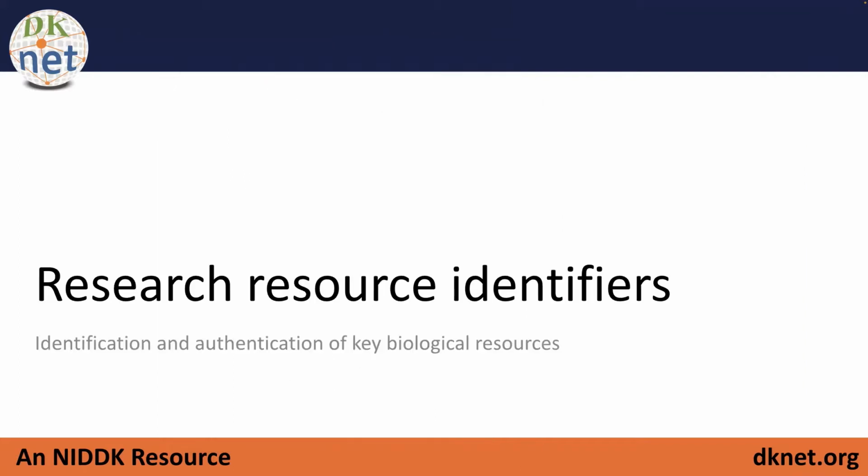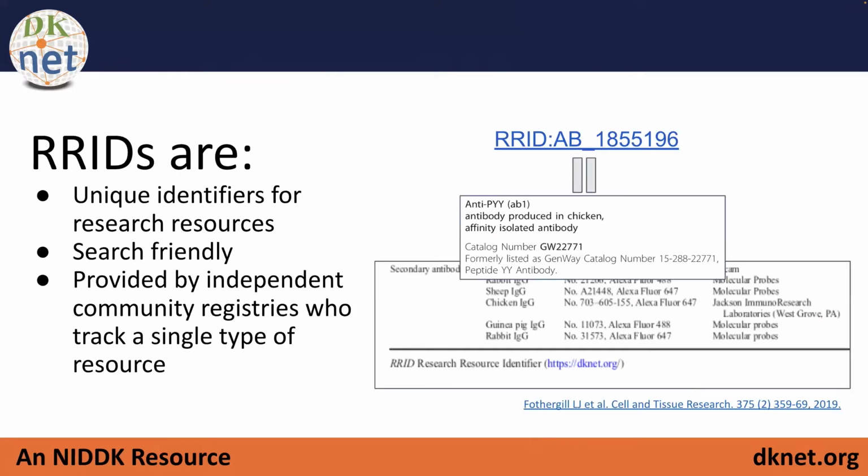And so this is where we began to work on research resource identifiers, really to help identify key biological resources. The RRIDs are unique identifiers. They're search friendly, and they are provided by independent community registries. For example, Jackson Labs, their RRIDs are based off the IDs that they use in their catalogs.